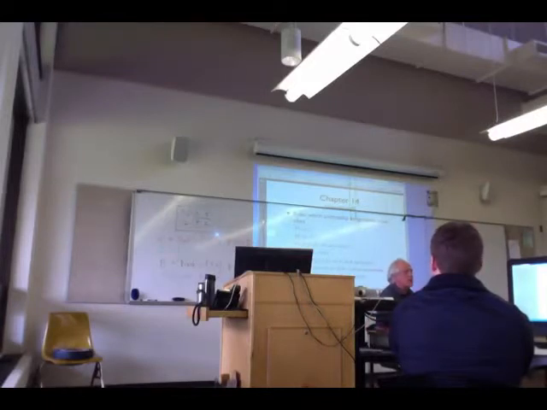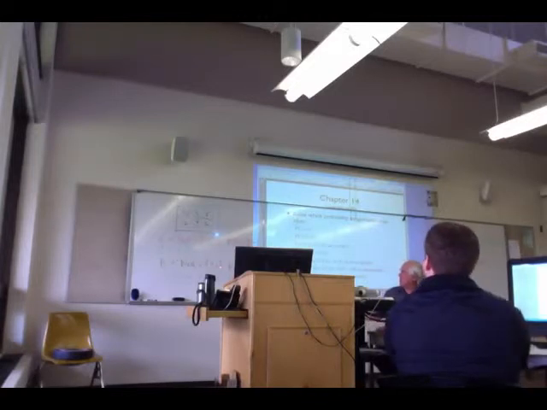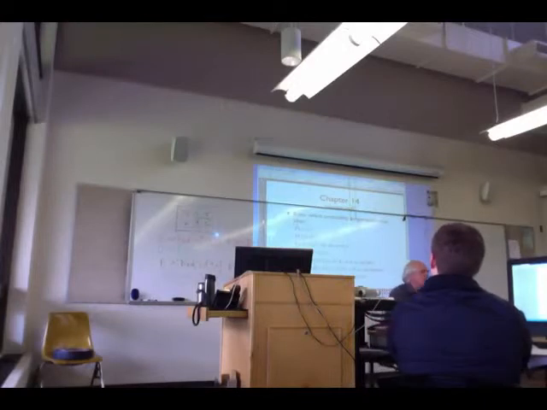The probability of A or B is equal to the probability of A plus the probability of B minus the probability of A and B.